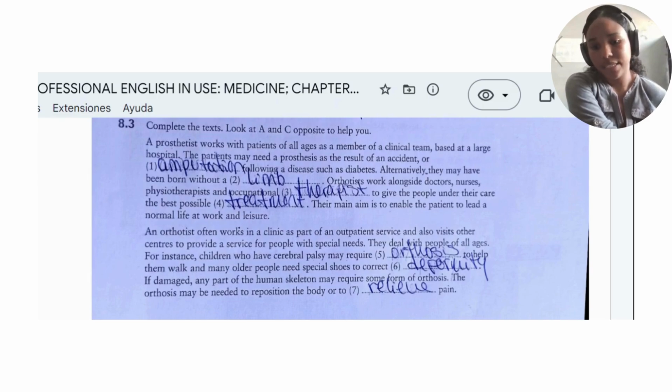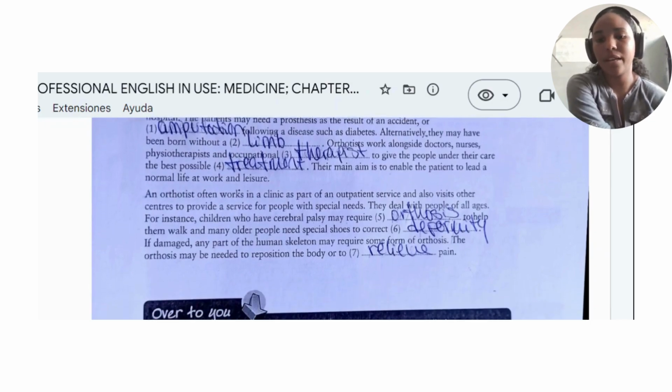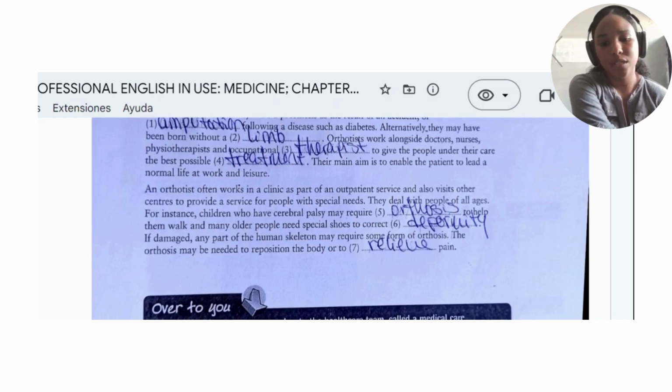An orthotist often works in a clinic as part of an outpatient service and also visits other centers to provide a service for people with special needs. They deal with people of all ages.